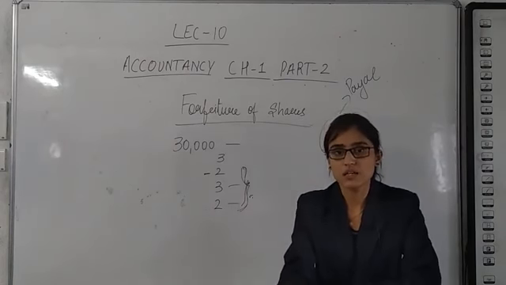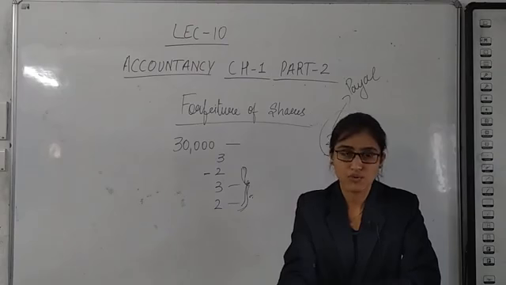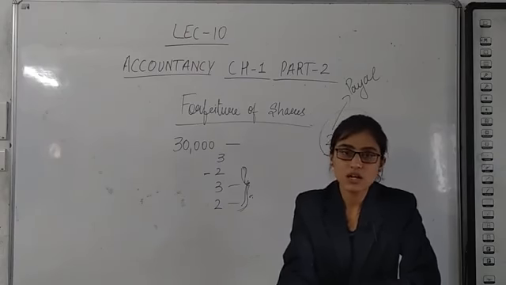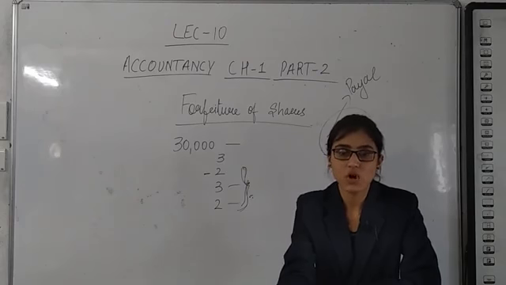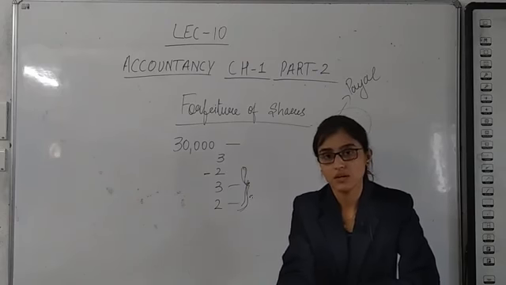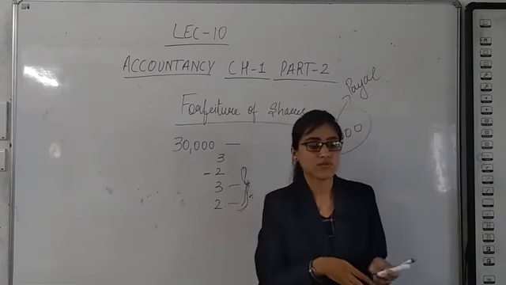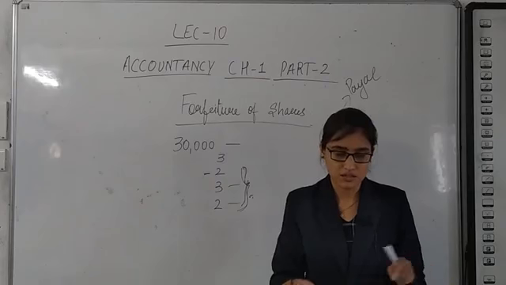This topic, forfeiture of shares, is given on page number 24, and the journal entry for the same is given on page number 25. So let us understand how to write the journal entry for forfeiture of shares.